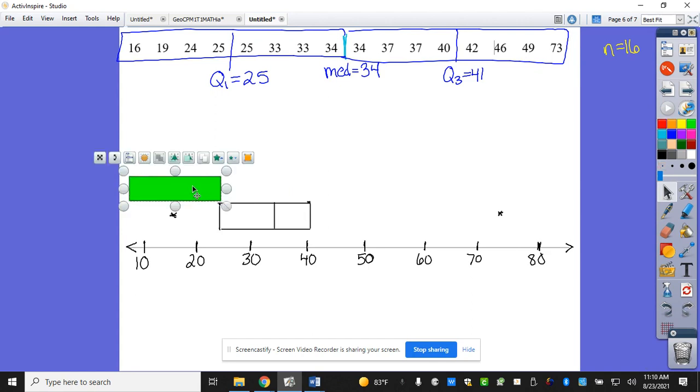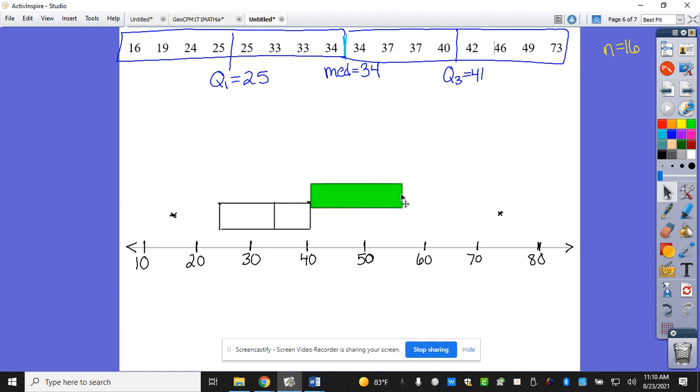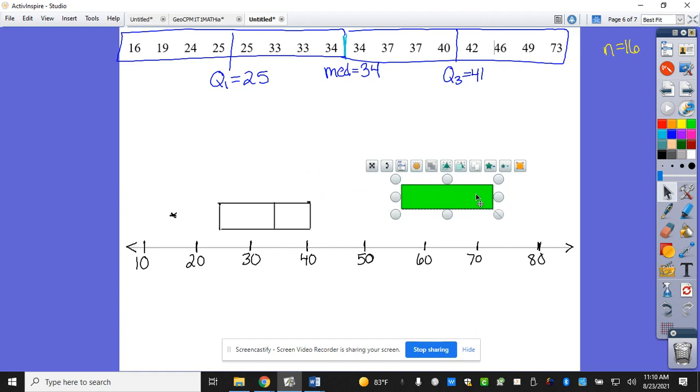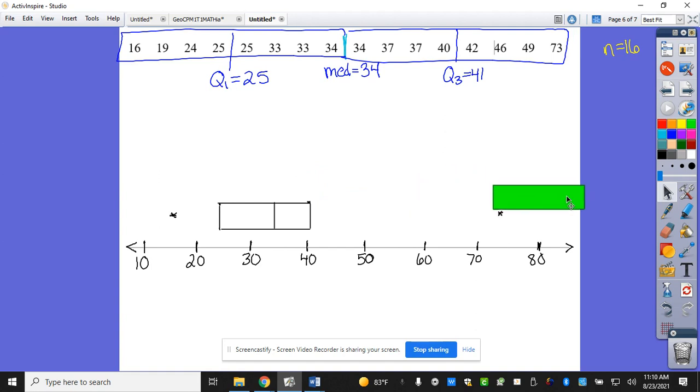How many boxes is that low dot away? About half. Here, how many boxes is this dot away? A little more than 2. So we have to decide, what does it mean? When is our cutoff? It's 1.5 of these.